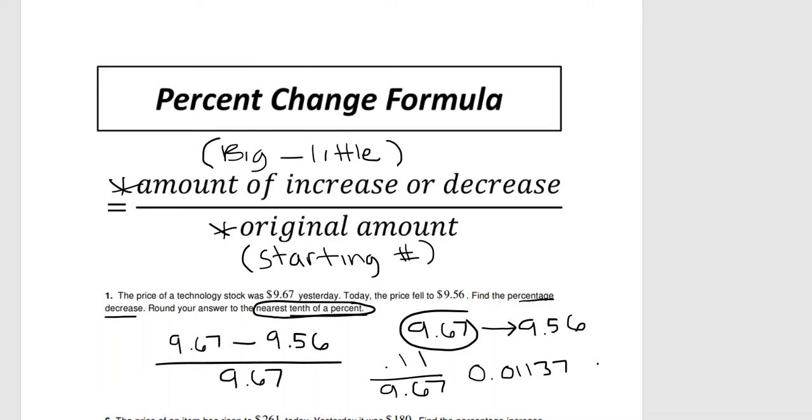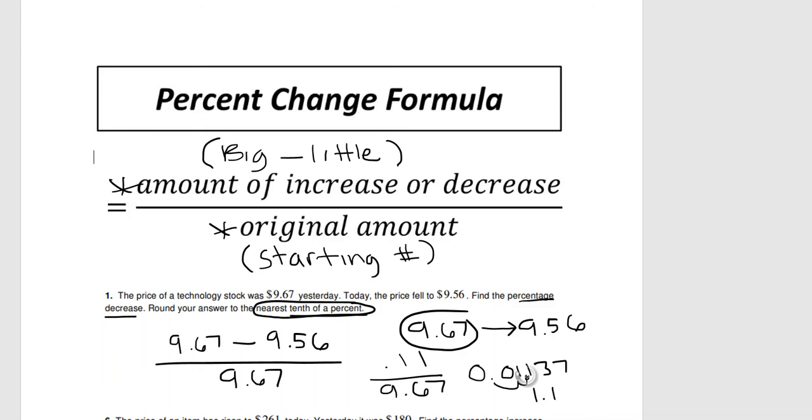So when we get this decimal, 0.01137, what we're going to do is move the decimal 2 places to the right, and then round our answer to the nearest tenth of a percent. So this is going to give us 1.1.